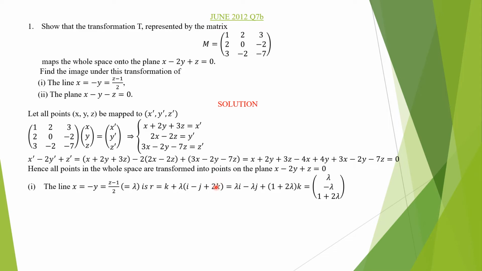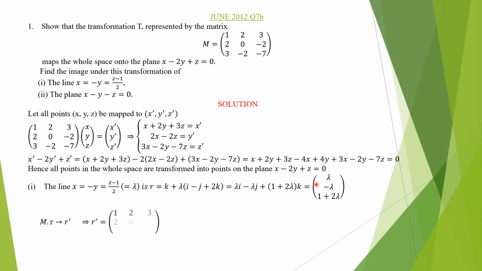I don't think anyone should be having problems converting that. In case you have problems, please write it down in the comment section, and I'll make another video and explain this. So converting this to the vector equation, we now have this, and if we group the i, j, and k components together, then we get this, and writing it in matrix form, we now have this.